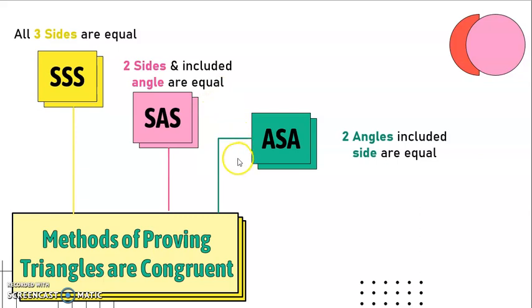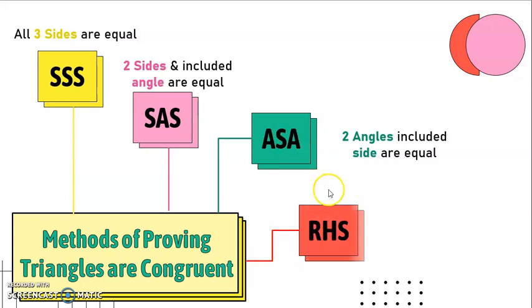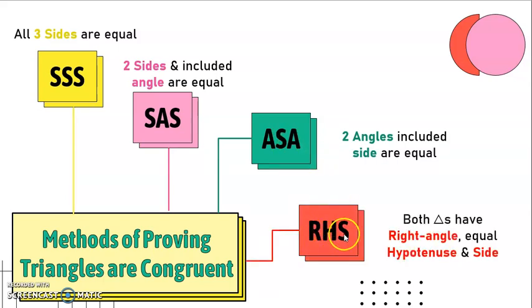The third one is ASA, meaning two angles and included side are equal. So we have angle, side, angle. And lastly, we have RHS, when both triangles have a right angle, equal hypotenuse, and equal side. Okay, this equal side does not include the hypotenuse.